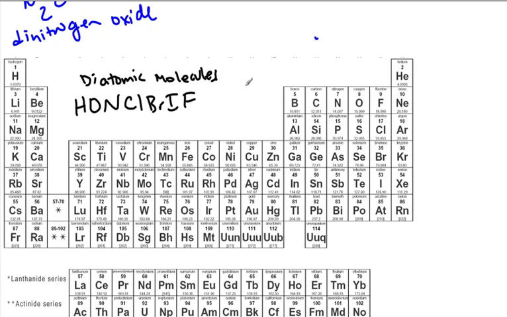These molecules only exist as pairs, and you learned that back in Chemistry 1. So the HONClBrIF, which means H, O, N, Cl, Br, I, and F. All these exist only in pairs.